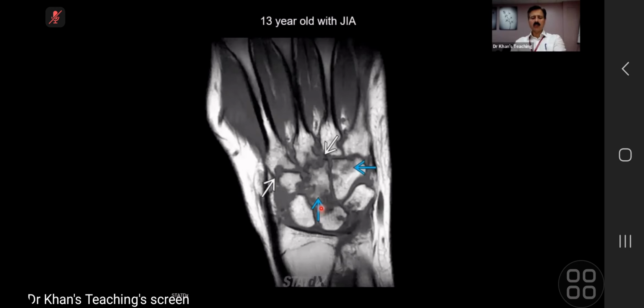This is a T1 weighted sequence, which also tells you how beautifully erosions can be seen in any condition, for example, JIA or RA, and you can pick it up on this T1. Studies have told us, of course, MR is much better than plain film, but that doesn't mean that everybody is doing MR, and that also does not mean that they are going to show you MR.